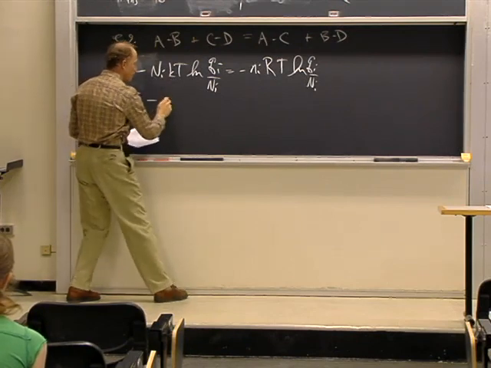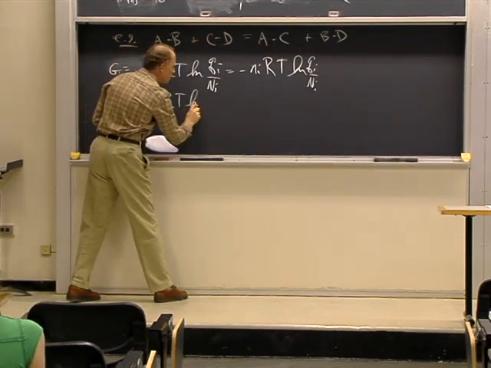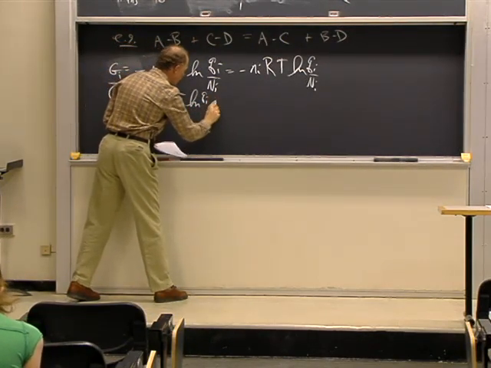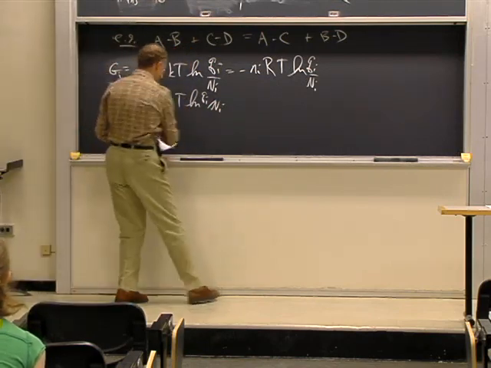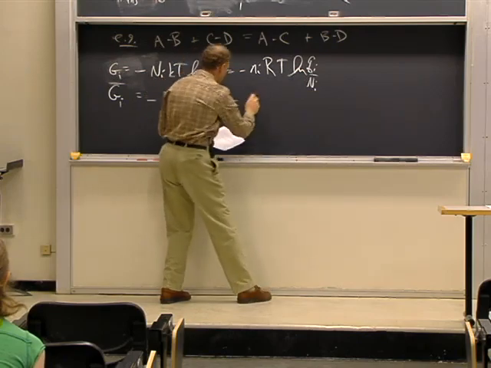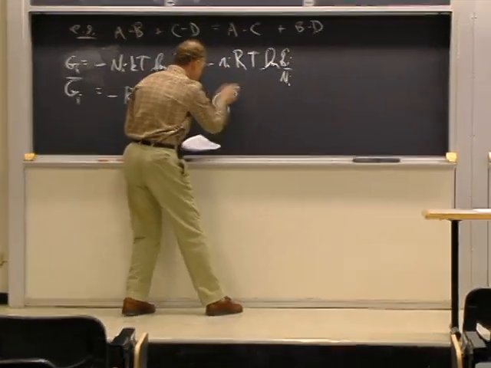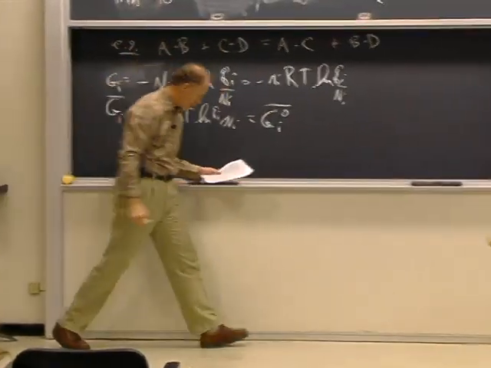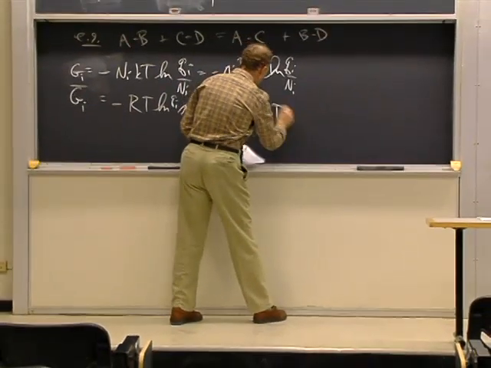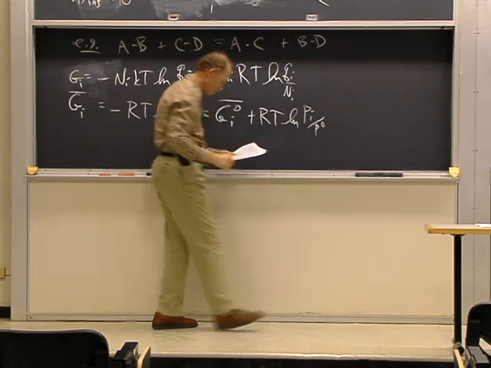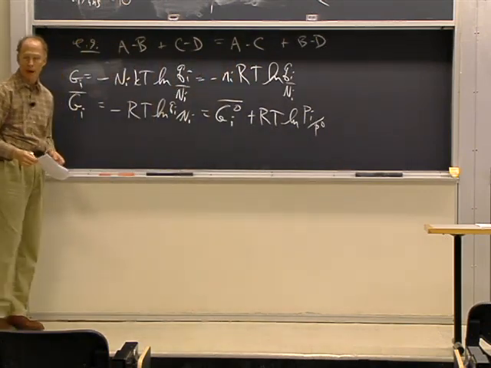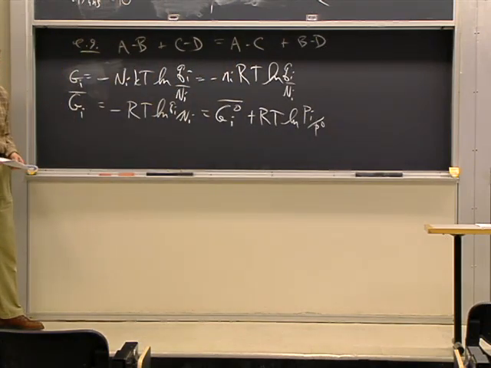So it's just minus RT log of Qi over Ni. That's G per mole. That's Gi naught per mole plus RT log Pi over P naught, right? Where P naught is an atmosphere, basically, 1 bar, right?